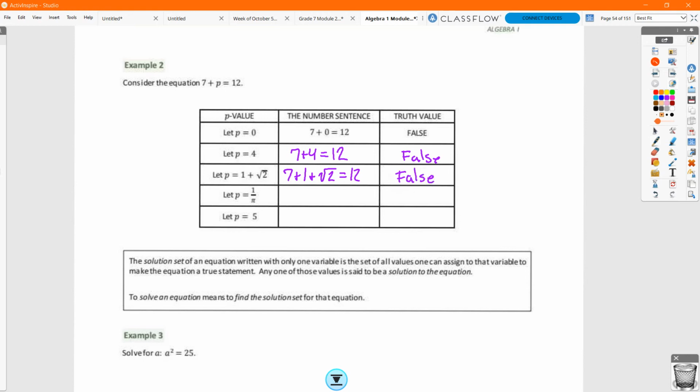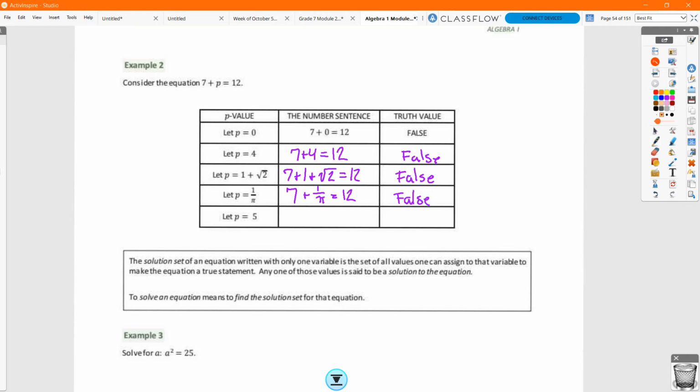What if p equals 1 divided by pi? 7 plus 1 divided by pi equals 12. Well, pi is 3.14. 1 divided by 3.14 is approximately 1/3. So 7 plus 1/3 equals 12? No, that's a false statement.